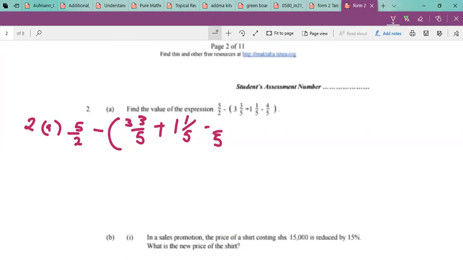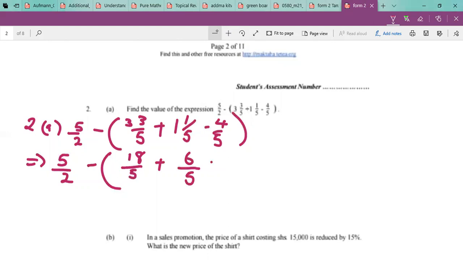So we can deal with what we have in the brackets. We change this into an improper fraction: 5 times 3 is 15, 15 plus 3 is 18 over 5, plus 5 times 1 is 5, plus 1 is 6 over 5, minus 4 over 5.